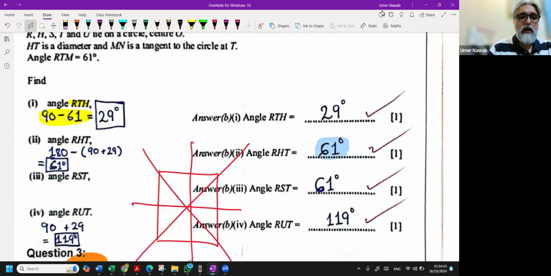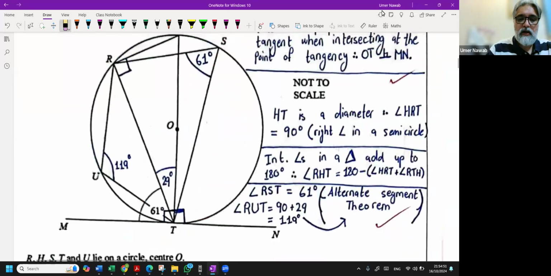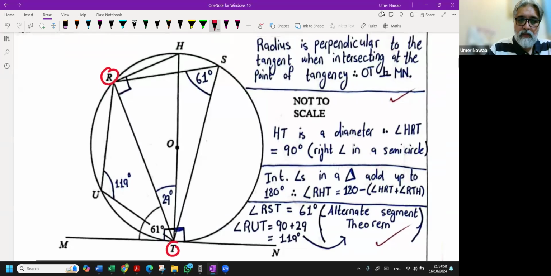Let me ask you guys the first question he is giving to you, RTH. This angle is required. So how did I reach 29? I use the concept that the radius is perpendicular to the tangent.